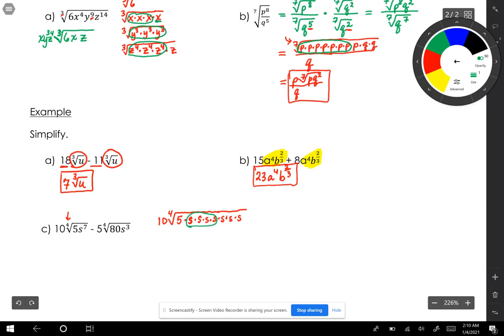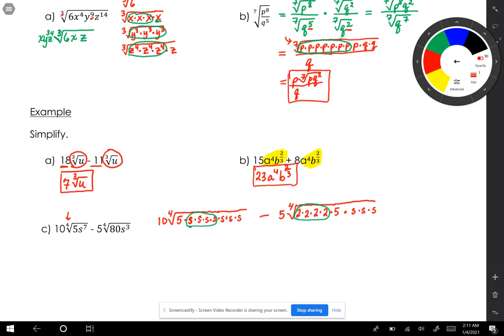And then the other one is minus 5 times the 4th root of 80. So 80 I can break down as 2 times 2 times 2 times 2. That's 16 times 5. Those are a product of prime numbers. So you just have to think prime numbers. And then s to the 3rd as s times s times s. And again, you want 4 of a kind. Okay, so now we can simplify that even further.